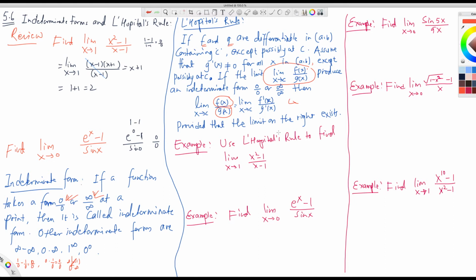If you get a finite number, that is the limit. If you get 0 over 0 or infinity over infinity again, then you'll have to continue. The things will get clear once we do the example.